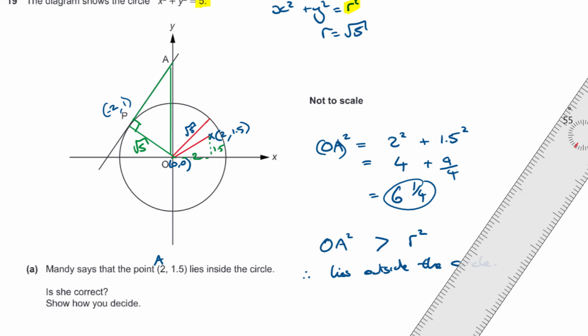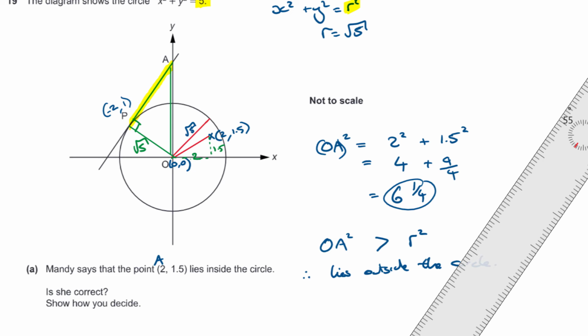To find the area of this triangle, we need to find the length AP. If I can find this length, then I've got the two sides of the triangle. I can multiply them together and divide by 2 to find the area, can't I? So I just need to find the length AP.